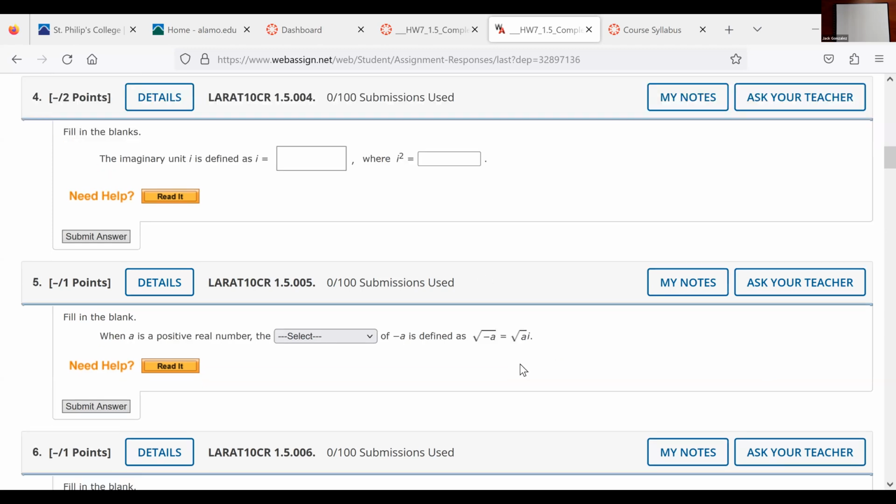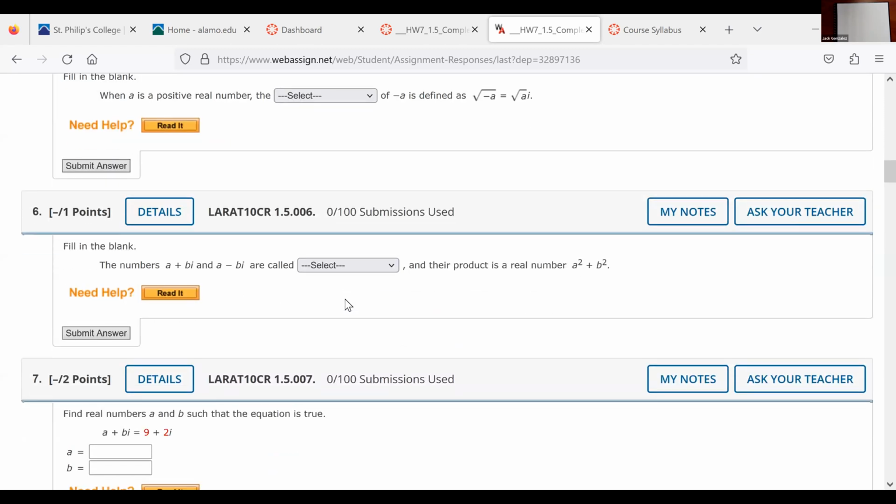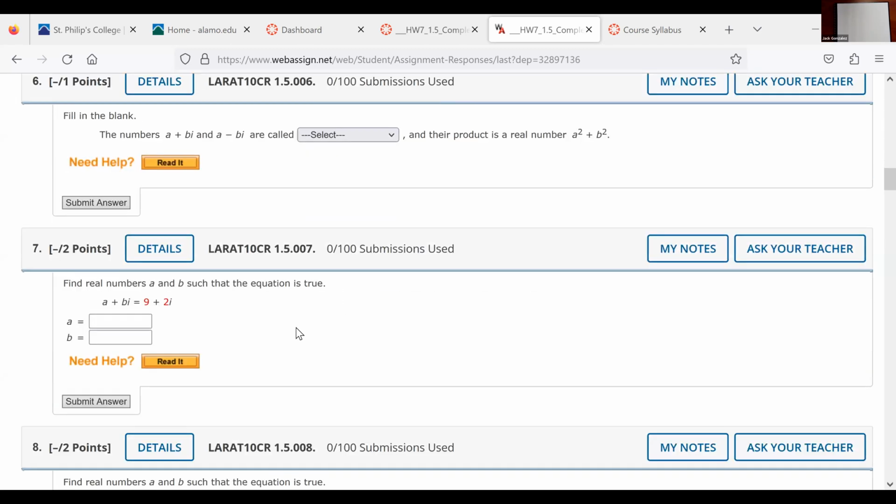So if you were to square root -4, you would get 2i. That's essentially the way it works. The complex numbers, picture it as a bigger set of numbers that also contains the real numbers. So a real number will be considered inside complex.